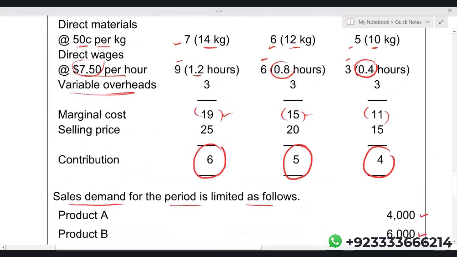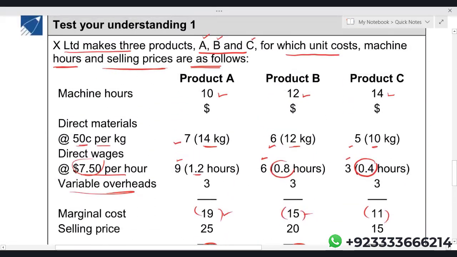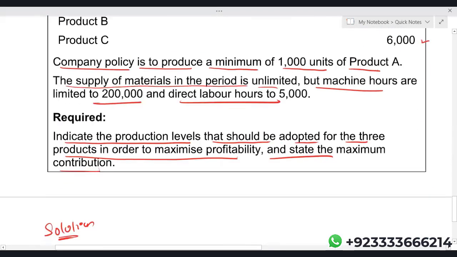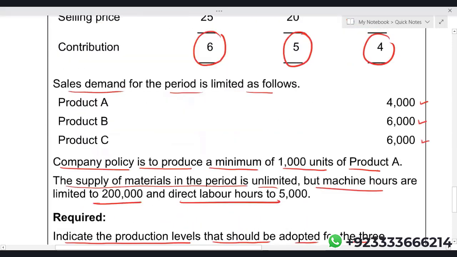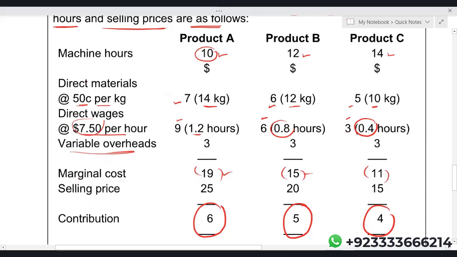Now let's come to machine hours. A needs 10 hours, B needs 12, and C needs 14. 1 unit of A needs 10 hours.